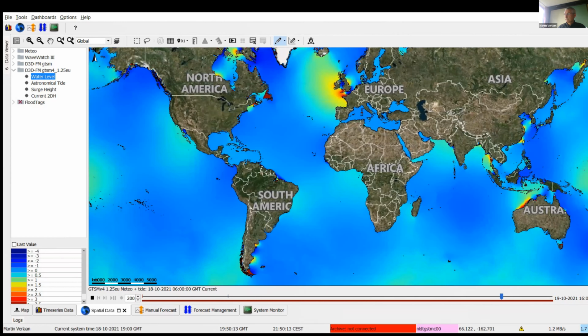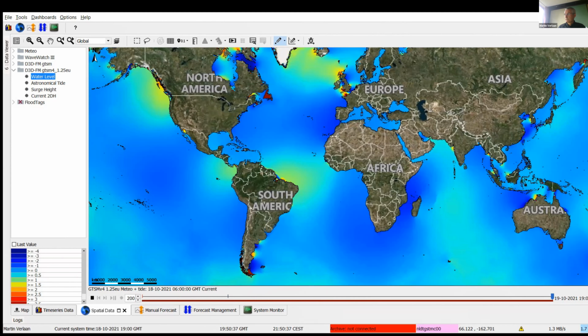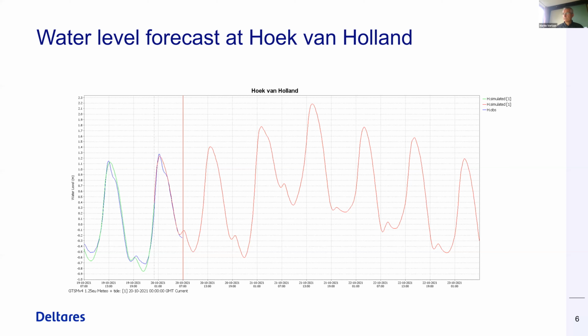If we then zoom in again to Hoek van Holland, you can see that we can make a somewhat similar forecast using a global model. If you remember from the previous picture, this is rather similar. I also want to use this picture to highlight that you can clearly see that the high water level is formed by a combination of spring tides and a storm pushing the water to the coast at the same time.